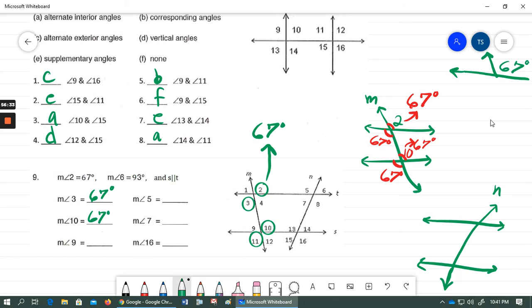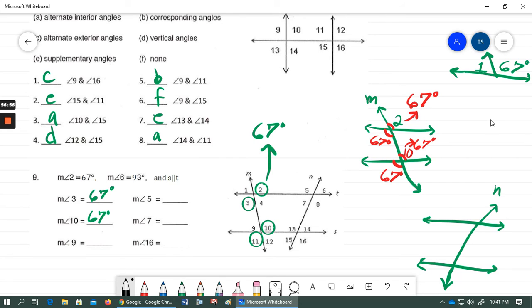Like for instance, angle 1 and angle 2. Angle 1 and angle 2 form a straight line, right? The 67 degrees and angle 1 are supplementary because they form a straight line. So again, they should add to give you 180 degrees.